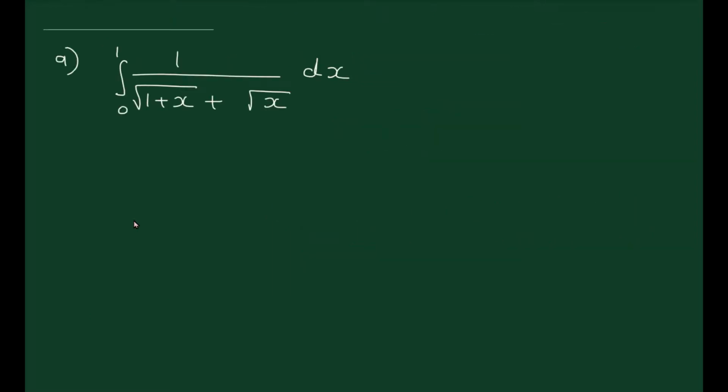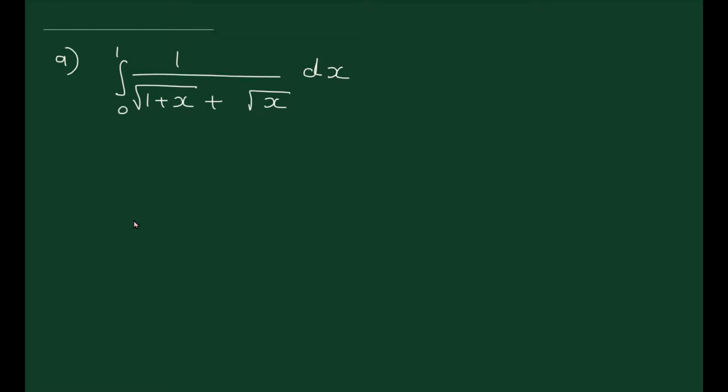In the next question, the question is integral of 0 to 1, 1 upon root of 1 plus x plus root of x dx. So as you can see, in the denominator we have an irrational number given, irrational terms given. So to make the denominator rational, we multiply by the conjugate.